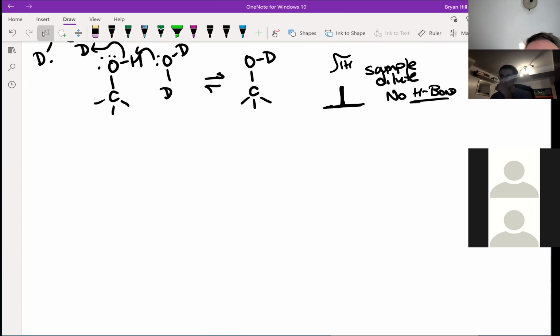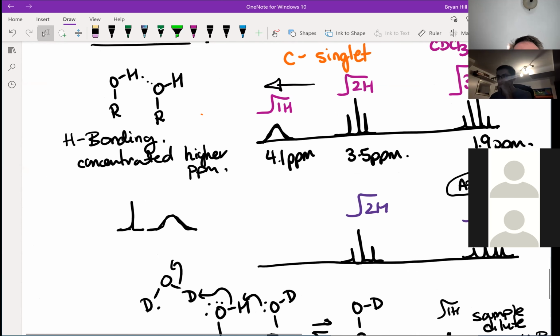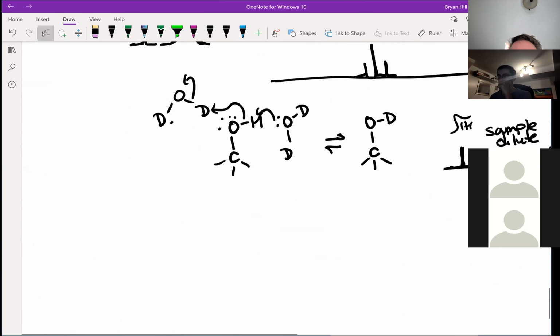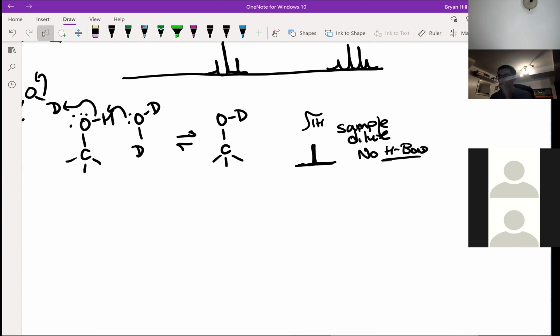Another thing which manifests sometimes in spectra is that the peak heights aren't exactly perfect.